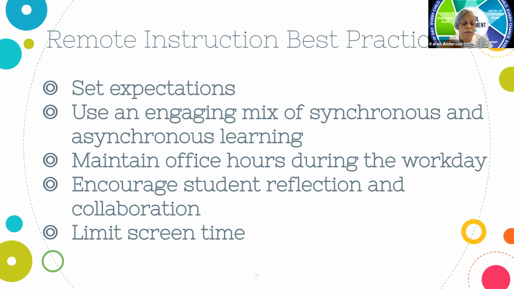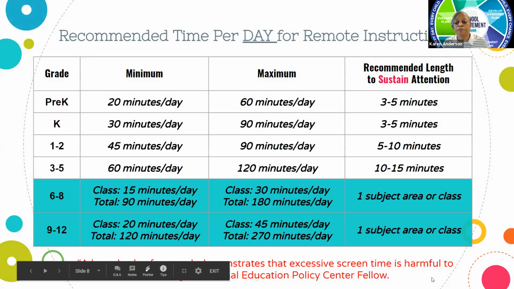If this was a pre-COVID situation, we would never expect our students to sit in one place for hours and hours on end. So there's got to be some flexibility within that screen time, and it's really not a best practice for students to sit in front of a screen for long periods of time.